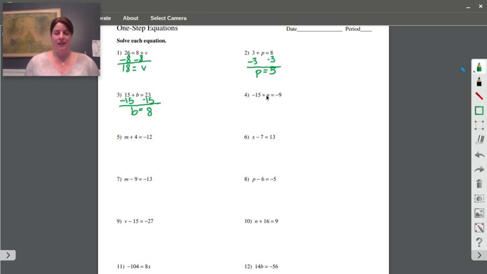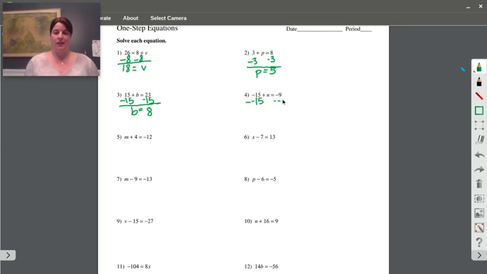Okay. This one, negative 15 plus n equals negative 9. So for this one, even though we have a negative number here, it doesn't matter. We're going to do the same thing that we did before. We're just going to consider this negative sign as part of this number. So we're adding negative 15 here, so we're going to subtract negative 15.